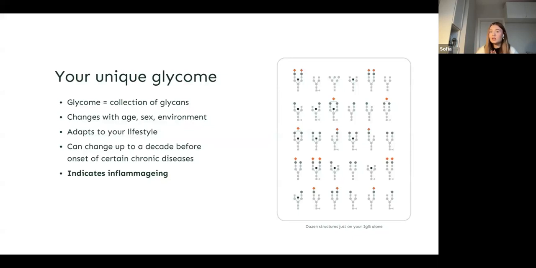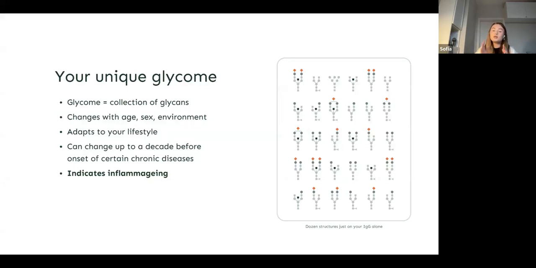There are many things that will impact what glycans get attached to your immunoglobulin G. Some of them are age, your biological sex, and your environment. And by environment, I mostly mean your lifestyle. So the glycans adapt to your lifestyle, and they can show us your lifestyle. But another cool thing about glycans is that they change up to a decade before the onset of certain chronic diseases.